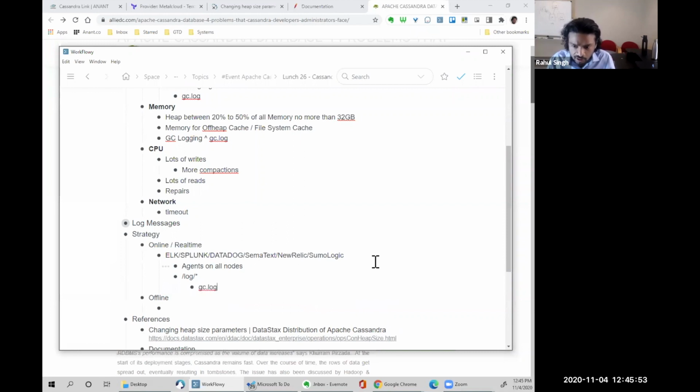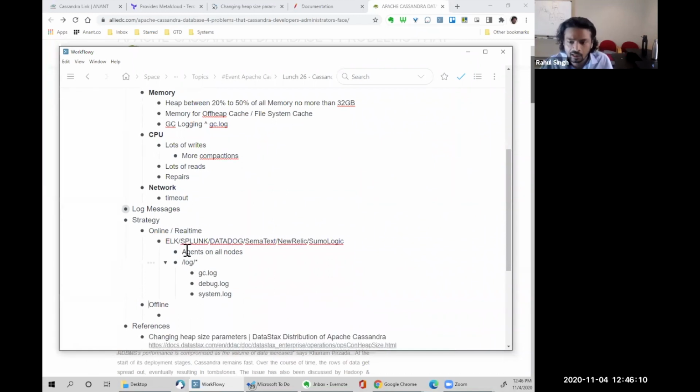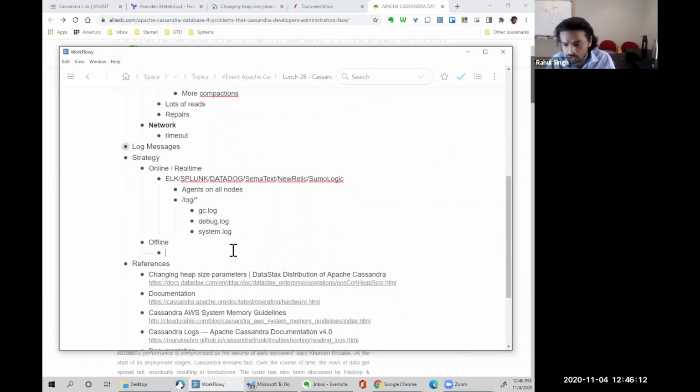And gc.log you'll send over, debug.log you'll send over, and system.log you'll send over. And as the data accumulates in these systems, you can then do these queries that I was talking about earlier. Pretty straightforward.